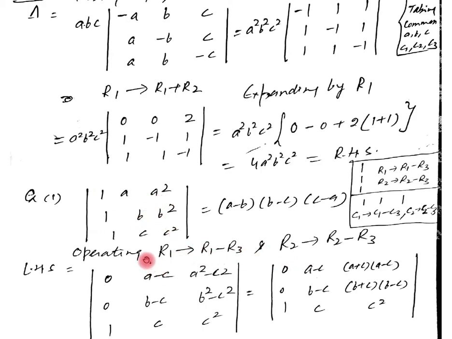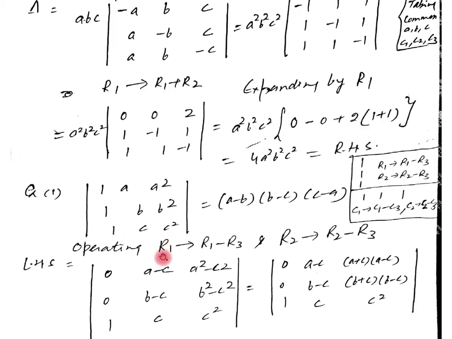Now see it again, R1 to R1 minus R3 and R2 to R2 minus R3. It means the elements of the third row are subtracted from the elements of the first row, and the elements of the third row are also subtracted from the elements of the second row. We are writing this operation. Now when R1 minus R3, it means 1 minus 1, 0; A minus C; then A square minus C square.